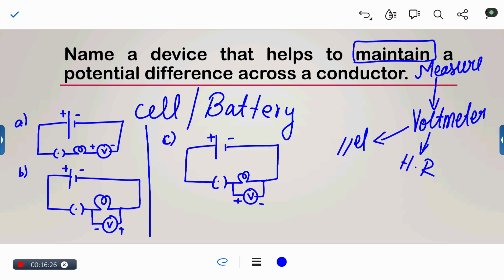Either A, B, or C. A is correct. Why? It is connected. Even this is also connected in parallel, right?